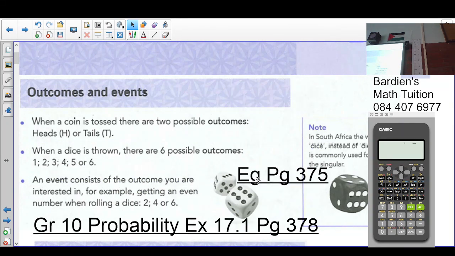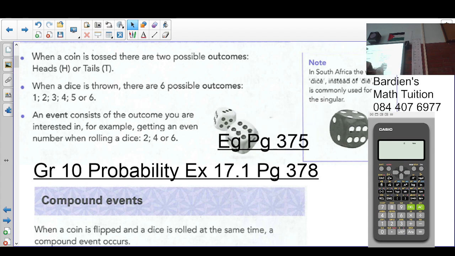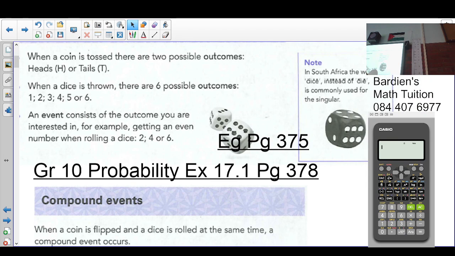Outcomes and events. Let's refresh it quickly. If a coin is tossed, there are two possible outcomes: it can be either heads or tails. Those are your outcomes. In South Africa, the word dice is commonly used for the singular, instead of die. We say that's a dice, but it's actually called a die. We rather call it a dice.